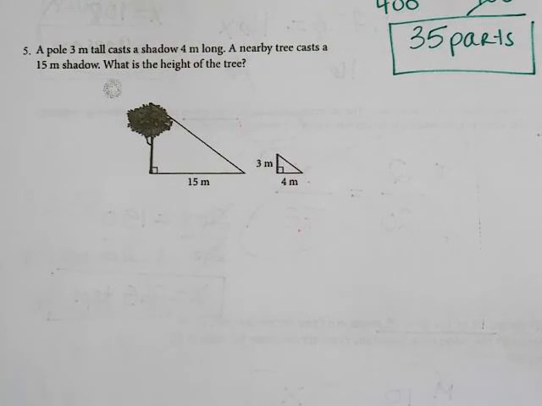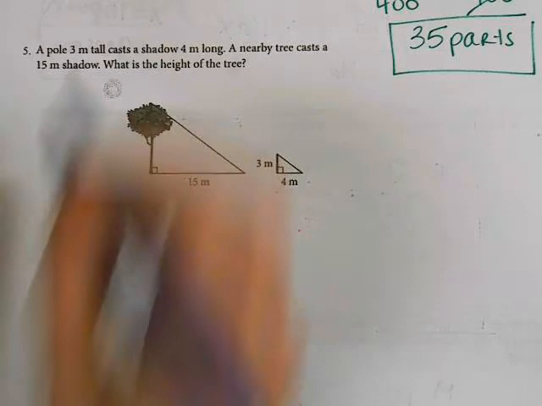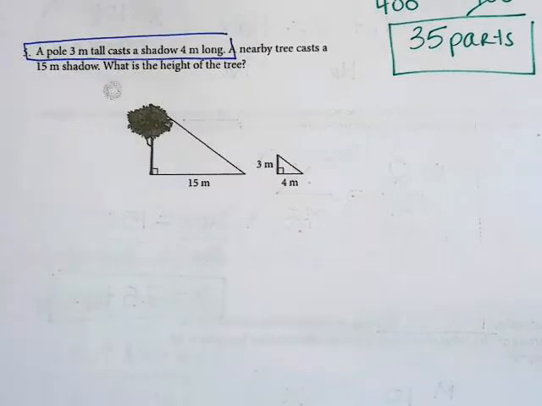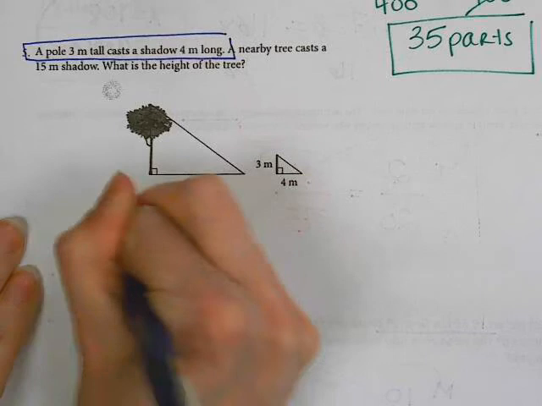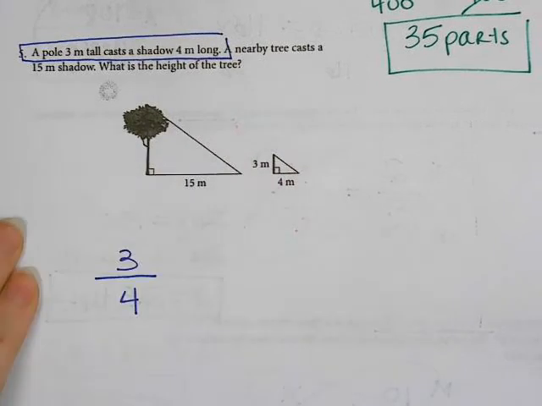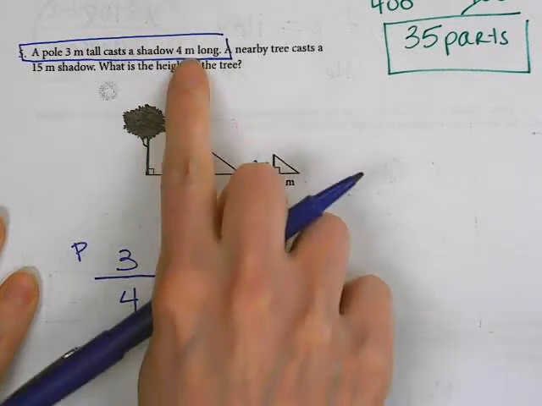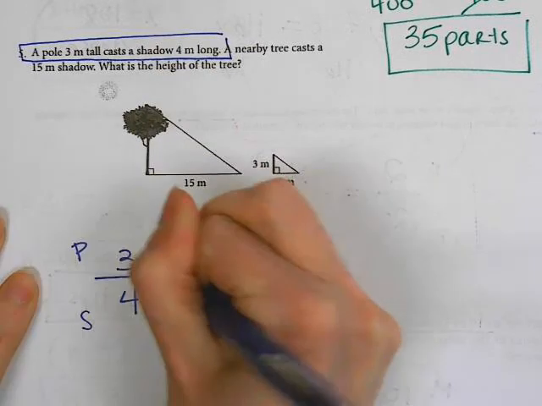So number 5, here's our starting ratio. A pole is 3 meters tall and its shadow is 4 meters long. So our starting ratio is 3 to 4. 3 is the pole height and 4 is the shadow length.